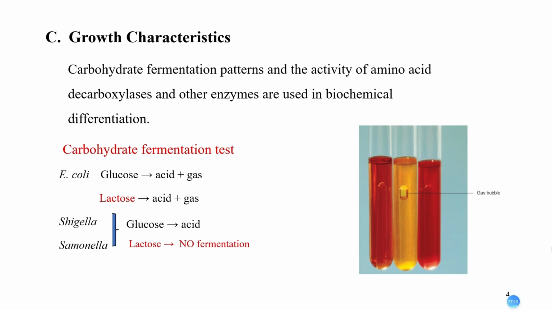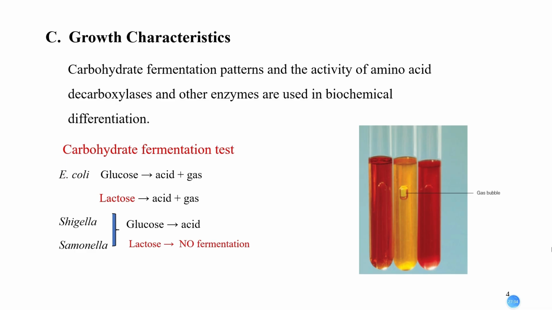You also incorporate the pH indicator. Before the reaction, before you culture, the pH indicator would show the red color. Then you inoculate the bacteria to let the bacteria grow inside the tube. So the bacteria would ferment the carbohydrate, break down the carbohydrate.